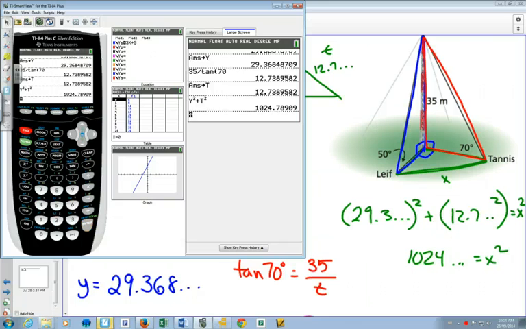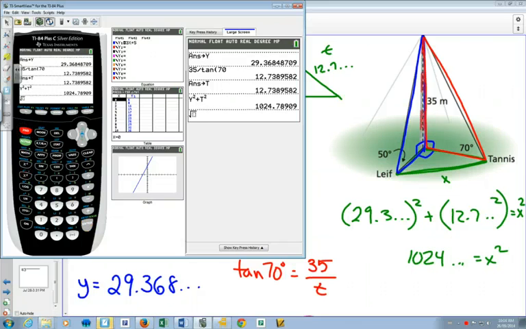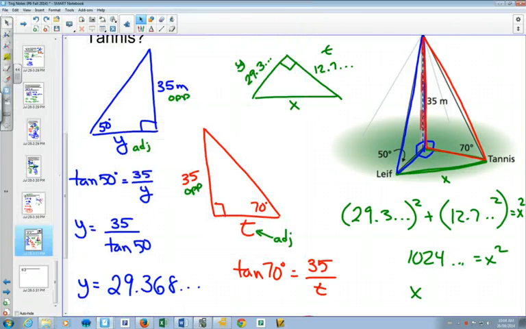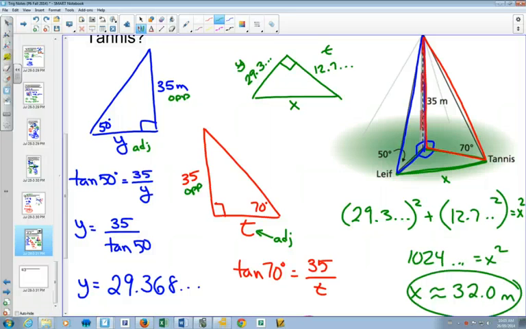And we can take the square root of our answer, 32.0. What does it ask us to round to? Doesn't say. So we'll leave it, and circle it because that's our final answer.